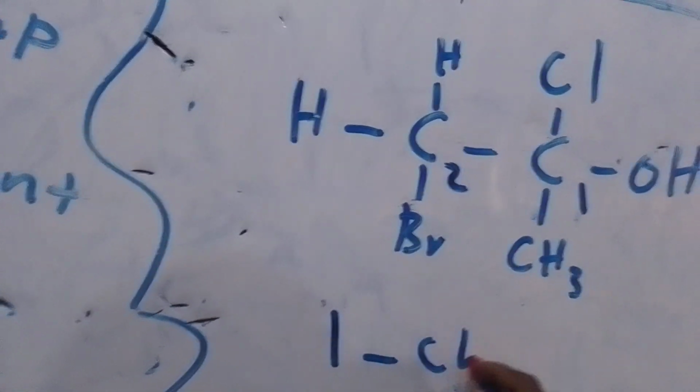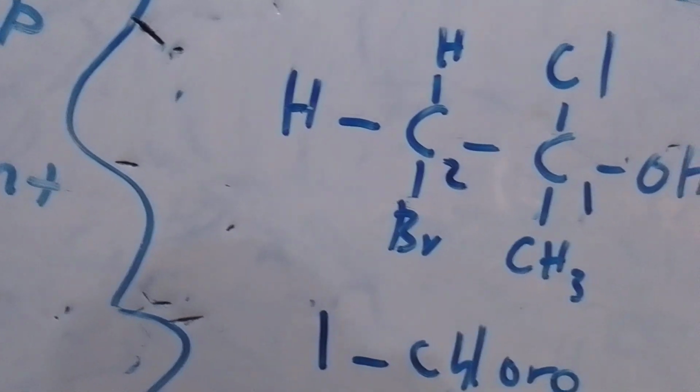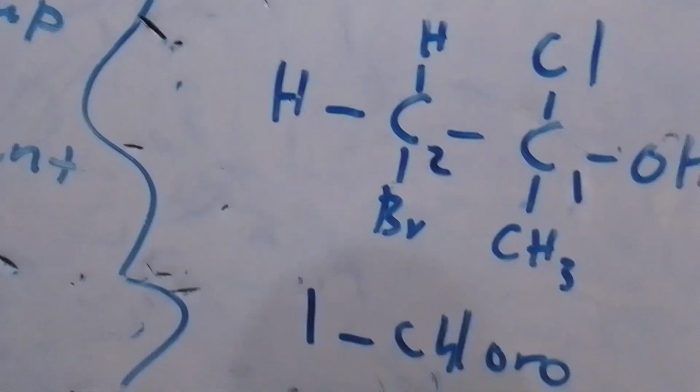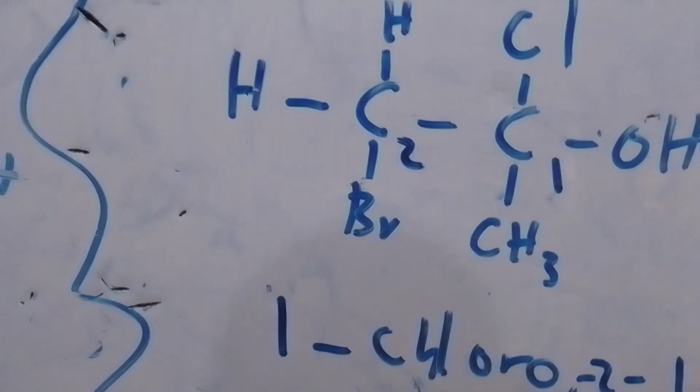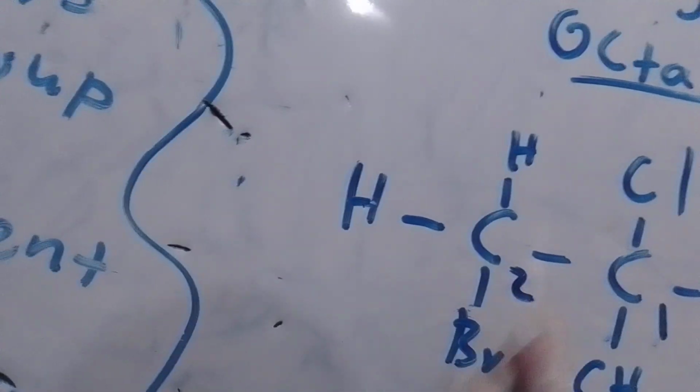So if I want to name this compound, the name will be 1 chloro, 2 bromo. Now we also have to name in alphabetical order. So bromine comes first.